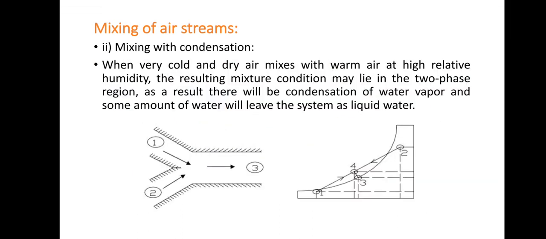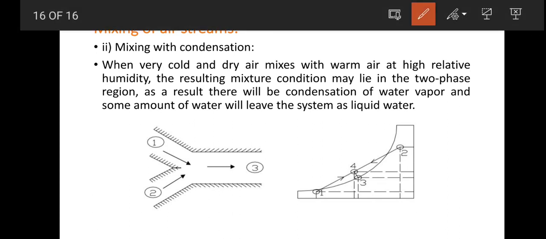Now the last one is the mixing of air streams with condensation. When very cold and dry air mixes with warm air at a high relative humidity, the resulting moisture condition may lie in the two-phase region. As a result, there is a condensation of water vapor and some amount of water will leave the system as liquid water.